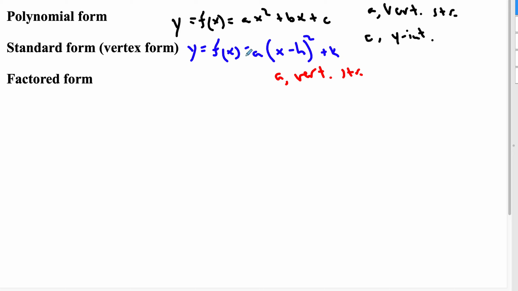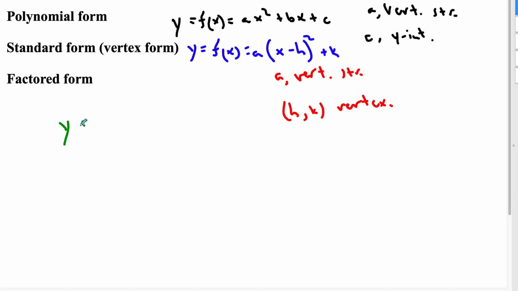It's good to remember that this a and this a are the same number. But I used h and k here because they're different than b and c. (h, k) is the vertex. Meaning, if that's a positive value, think about the vertical shift. Here, it goes the opposite. So it's minus h, which means it's actually a positive value for the vertex. Think shift left to right. Hopefully you have not forgotten that.